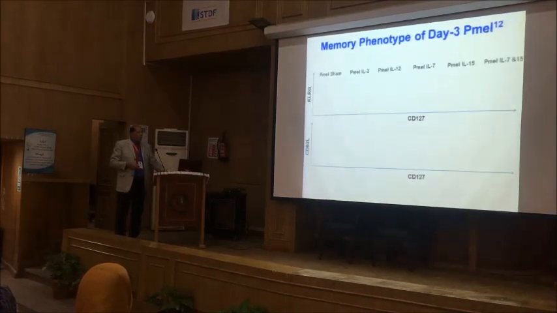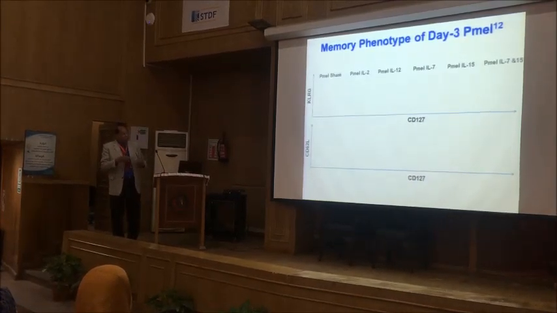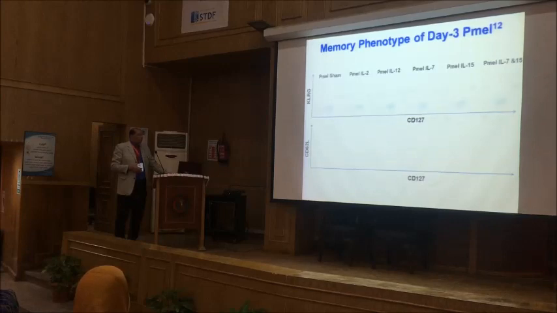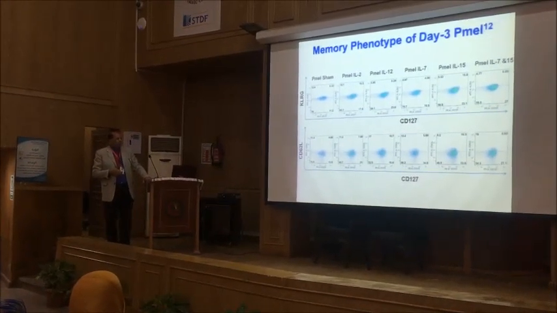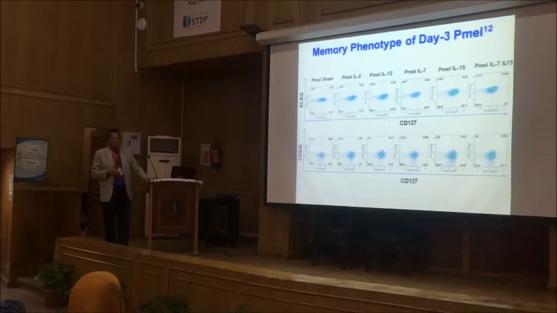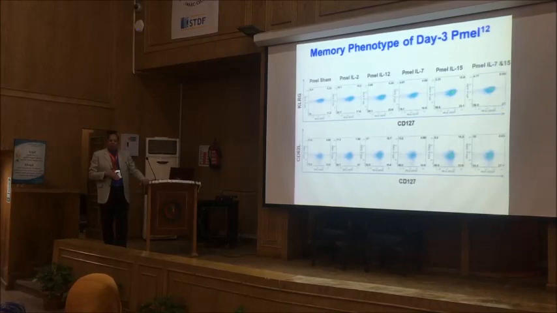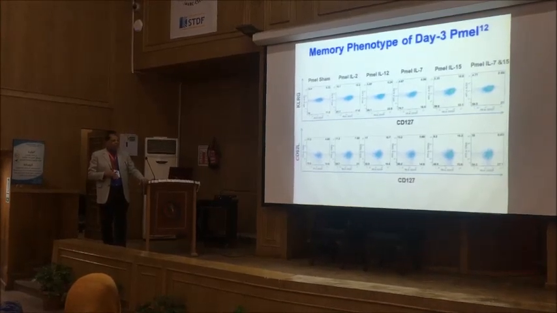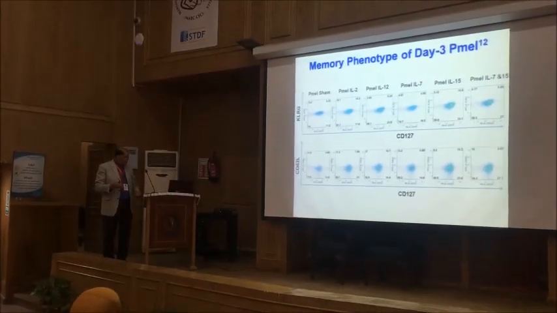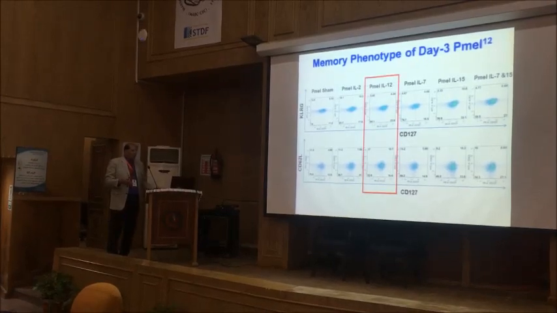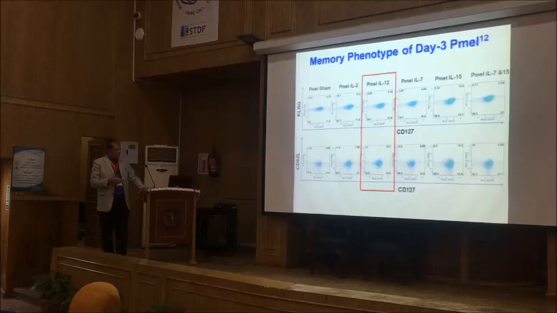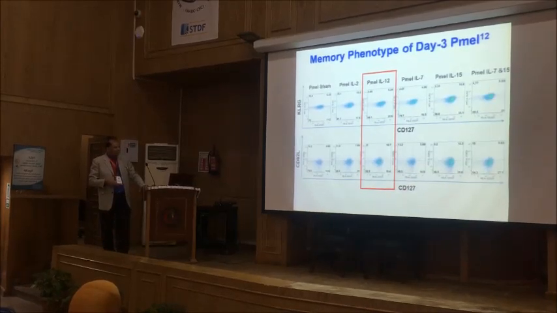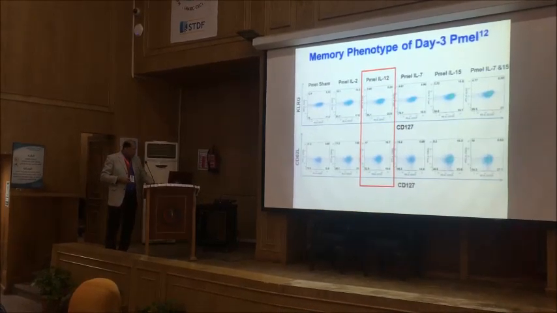For memory, we used 4 markers: 2 markers for early memory cells and another 2 markers for central and effector memory phenotype of CD8 cells. These are established to characterize the antitumor efficacy of CD8 cells. And especially with CD127, we found IL-12 is also much better.